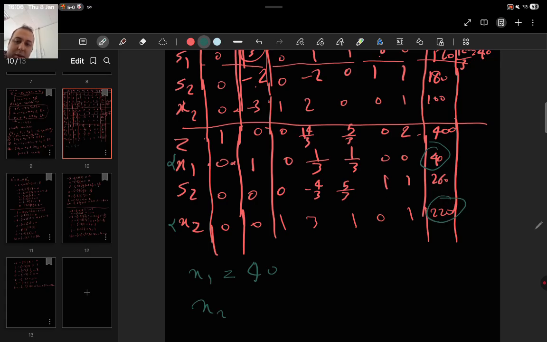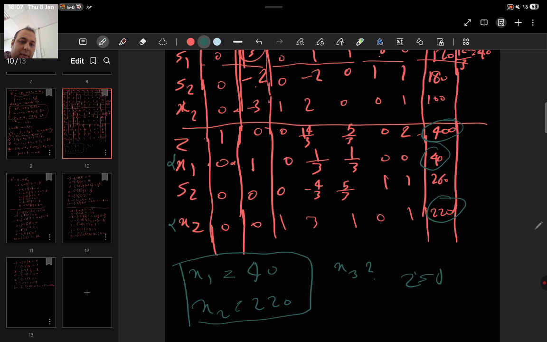Right side 220. This is our answer. But we don't know what x3 is. How to find x3? From this we know 40 is our maximum value.